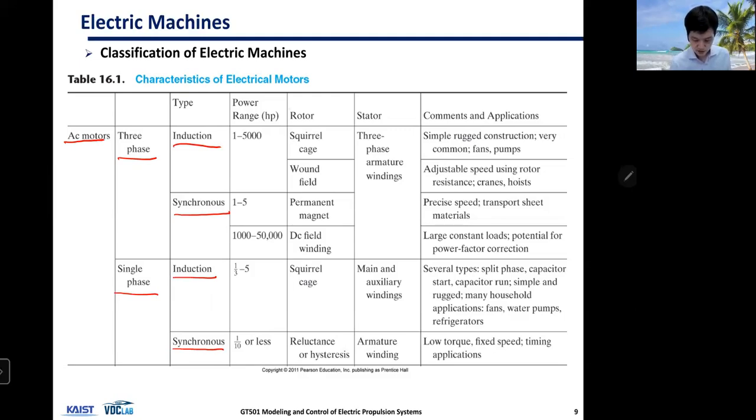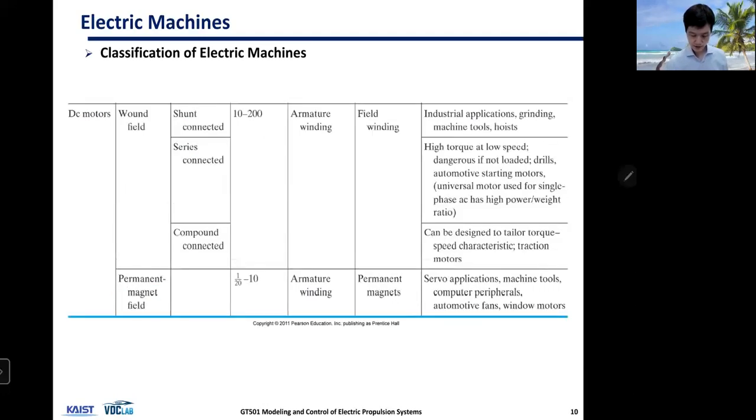Depending on the power range, different applications use different types of AC motors because of their cost, their size, their efficiency, and so forth. For induction, there's squirrel cage and wound field, like we mentioned earlier. For synchronous, there's permanent magnet and DC field windings, and so forth. Please take a look for more detailed information.